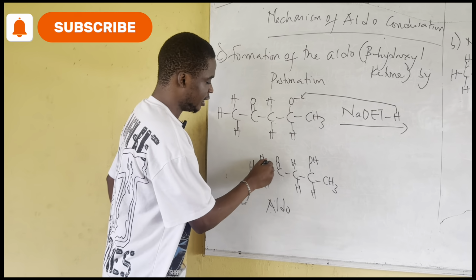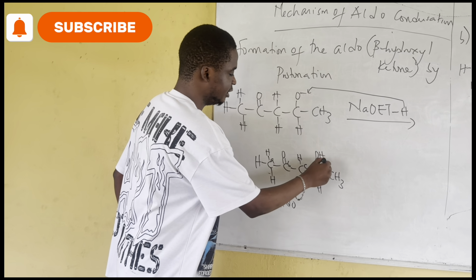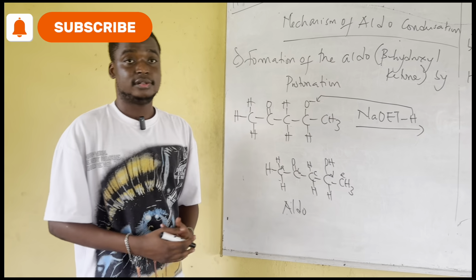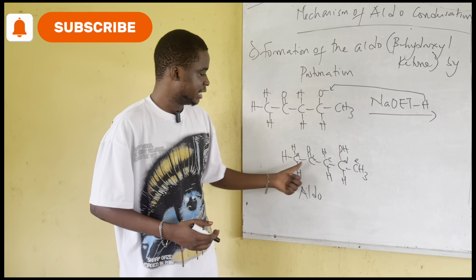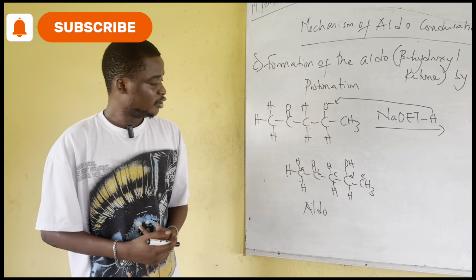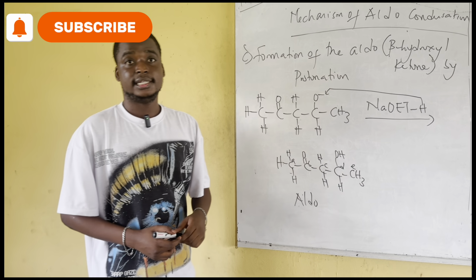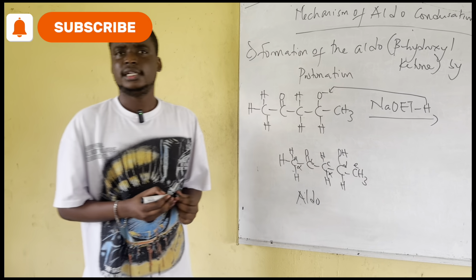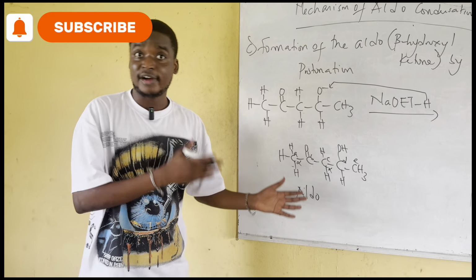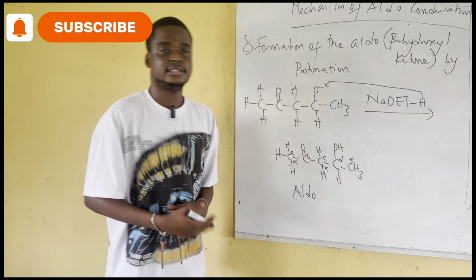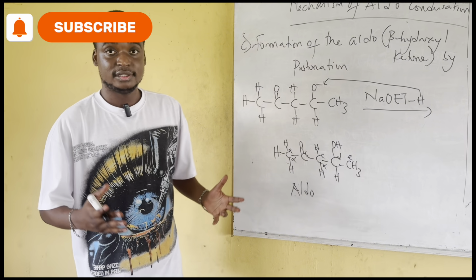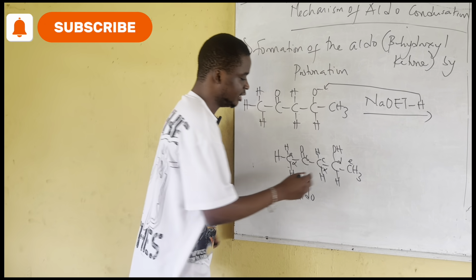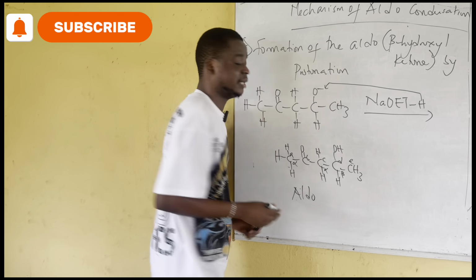We have carbon A, B, C, D, and E. Now, carbon B is a carbonyl carbon, and carbon A and C are attached to it. So carbon A and C, they are called alpha carbon. This is what I have said so far, right? Now remember, any carbon attached to alpha is beta. Look at carbon D. Carbon D is a beta carbon because it's attached to an alpha carbon, carbon C.